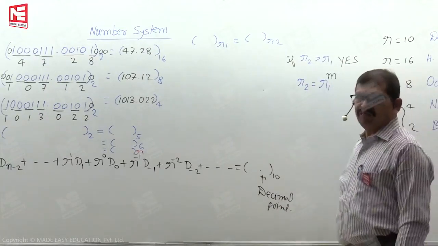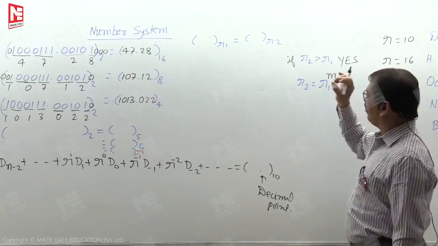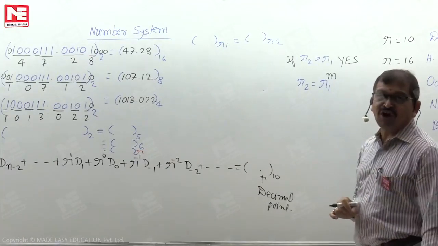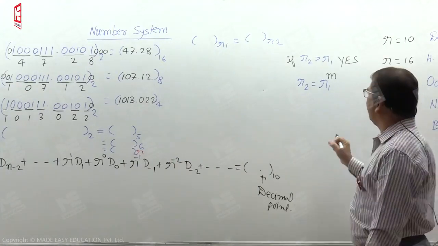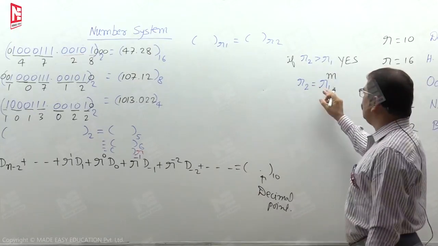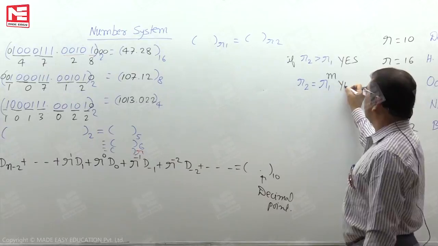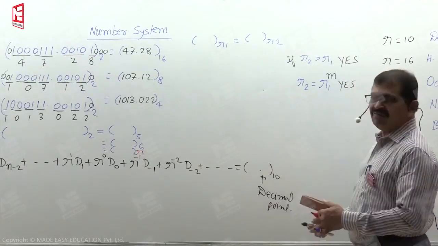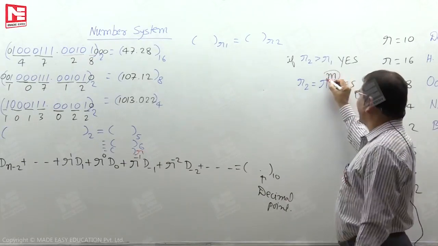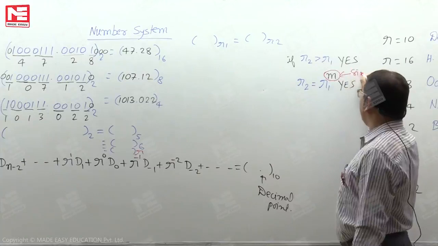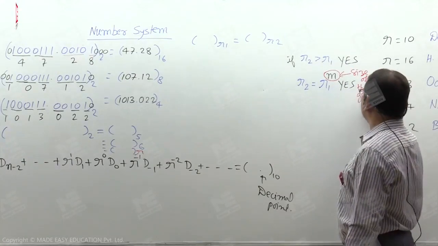The similar work we want to extend with the grouping, and the required condition is that the radix R2 is supposed to be read as R1 to the power of m. When radix R2 is possible to express as R1 to the power of m, if it is yes, then we are having the direct conversion. In the direct conversion, the size of the group is m.